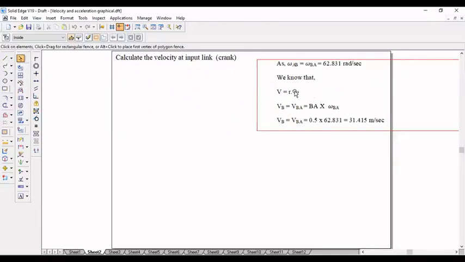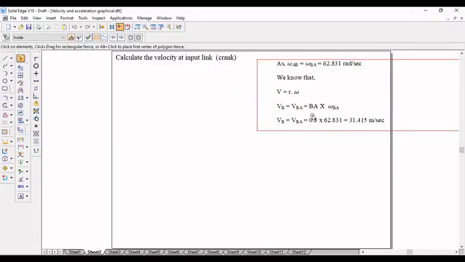R is the crank length BA or AB, and omega is the crank angular velocity. The crank length is 0.5 meter.